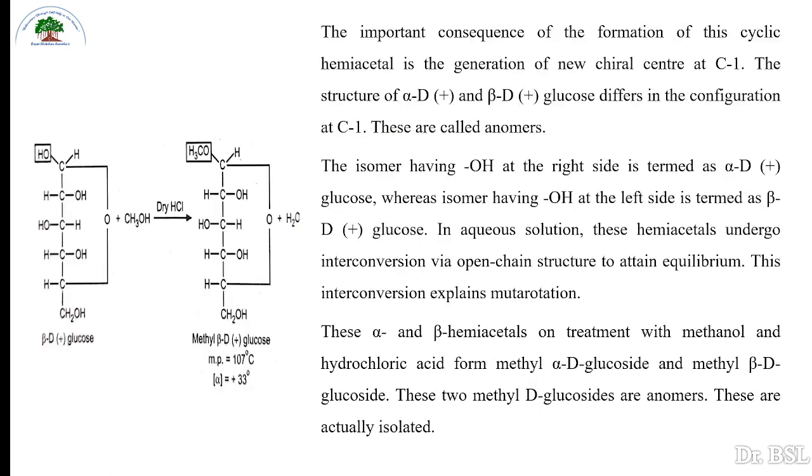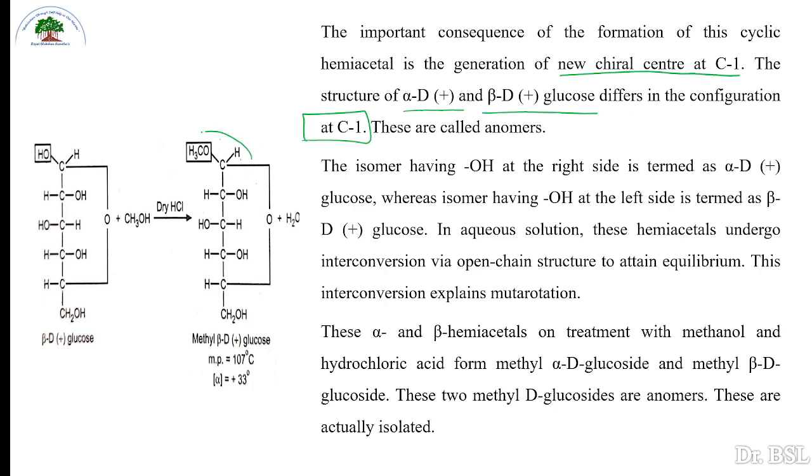So the important consequence of the formation of this cyclic hemiacetal is the generation of a new chiral center at C1. The structures of alpha-D-(+)-glucose and beta-D-(+)-glucose differ in the configuration at C1 only.